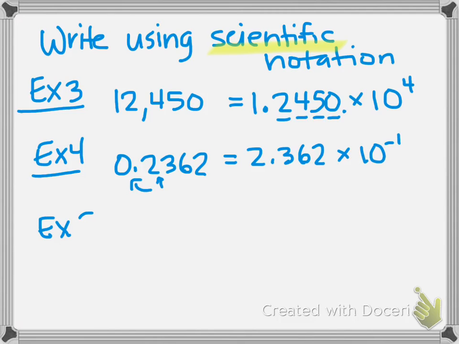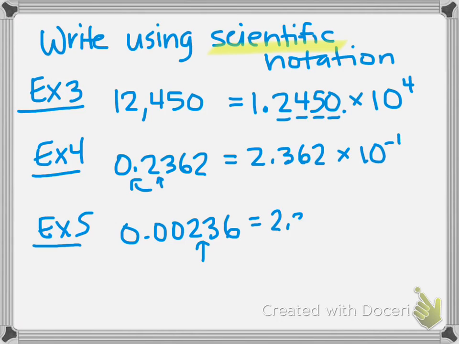Example 5, 0.00236. We want the decimal between the two first regular numbers other than 0, so that would be 2.36 times 10 to the, and in order to get it back to where it was before, it's 1, 2, 3 places to the left, so times 10 to the negative 3.